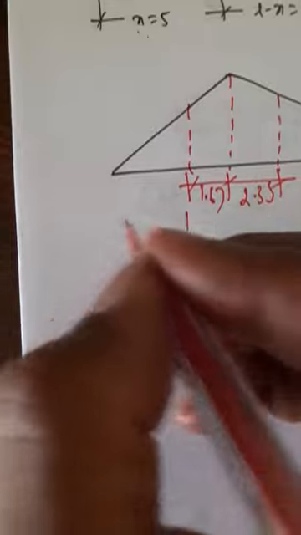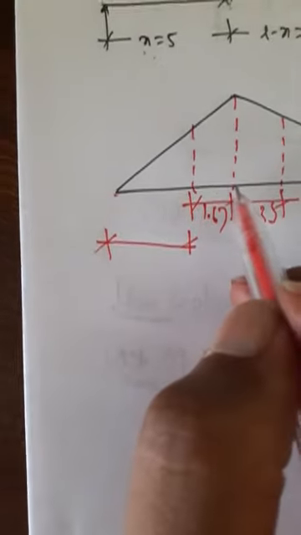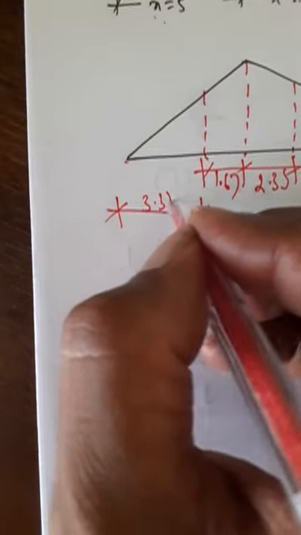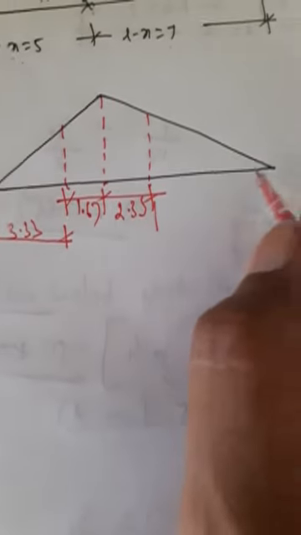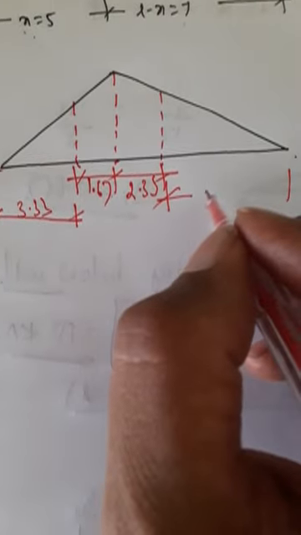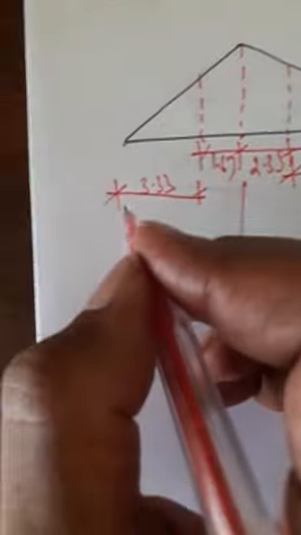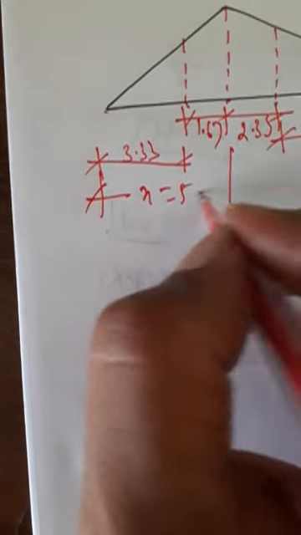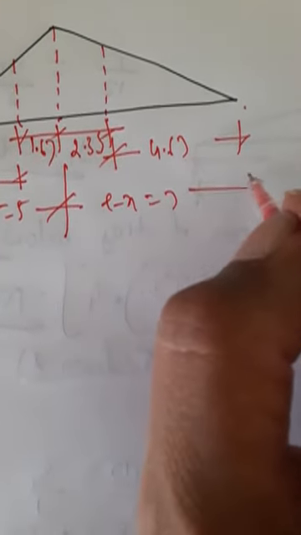Now this overall from here to here, this is 5. 5 minus 1.67, 3.33. 2.33. From here till here, this is 7. 7 minus 2.33, you have 4.67. This value is x is equal to 5, L minus x is equal to 7.